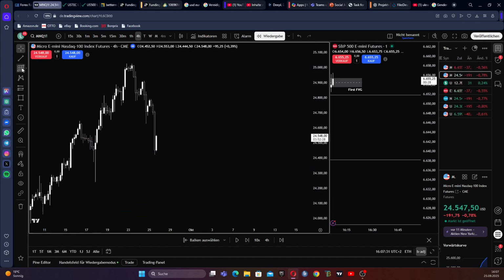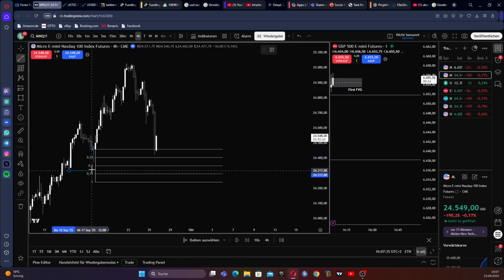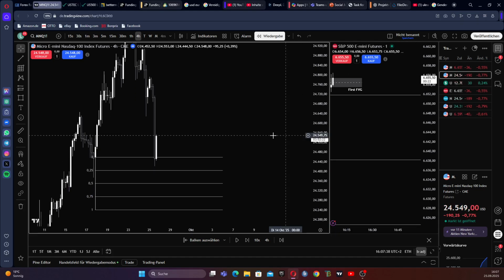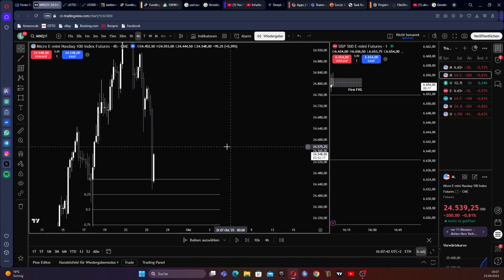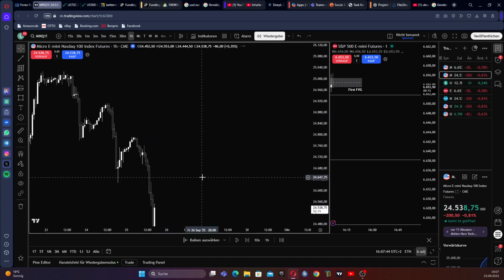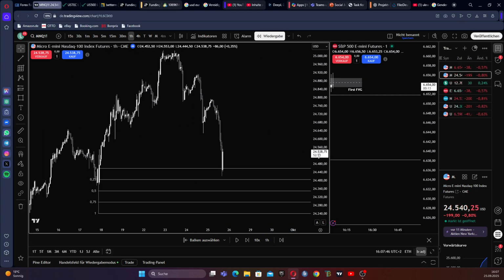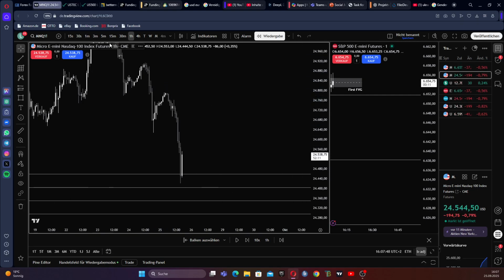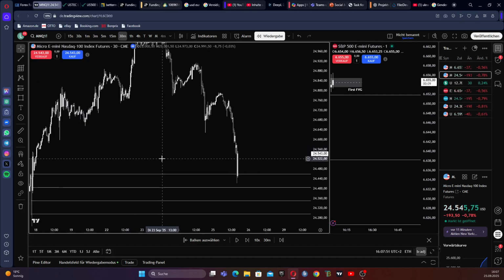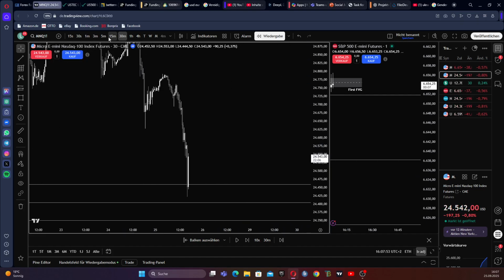Yeah, so we have liquidity being swept here, and we have this consequent encroachment of this 4-hour candle. We have big moves to the downside, but I thought to myself that we need some kind of rebalance, so that's why I was a bit bullish today.